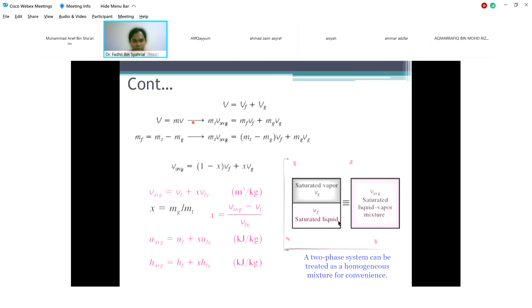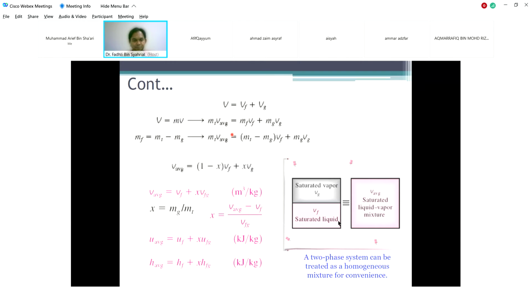I hope you can understand the flow. Again, this is the total volume equation, Vf plus Vg, and total volume can be written as m multiplied by small v. So substitute this into all the V symbols in our main equation, and we get this equation. It is very simple mathematics, so do not worry about this.